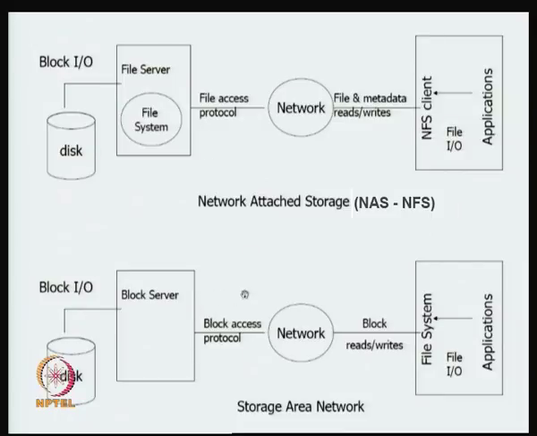If you are using SCSI, you are essentially doing it at the block level, whereas if you go to a slightly higher level protocol, the file protocol, then that is going to be using these lower level, possibly SCSI kind of protocols to access it. So, there are two different ways of accessing it, and we would like to look into each of these in some detail.